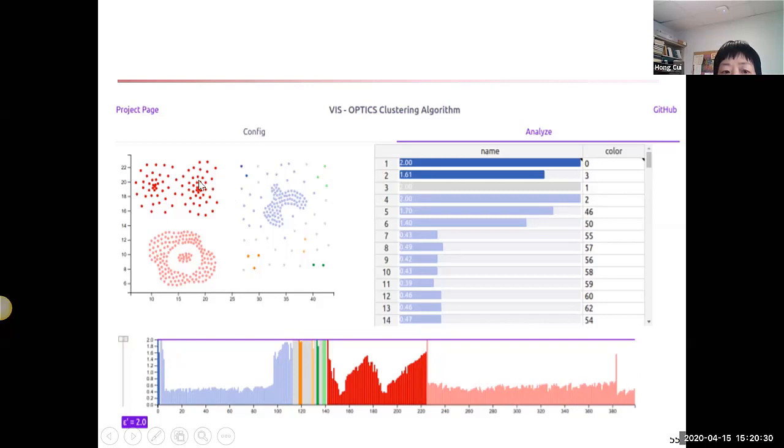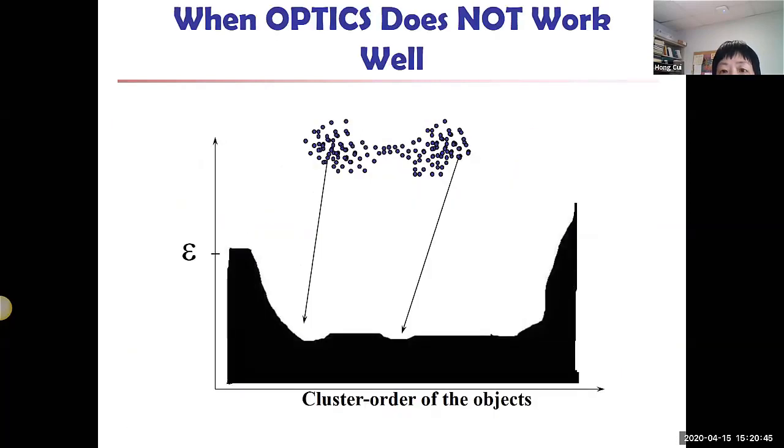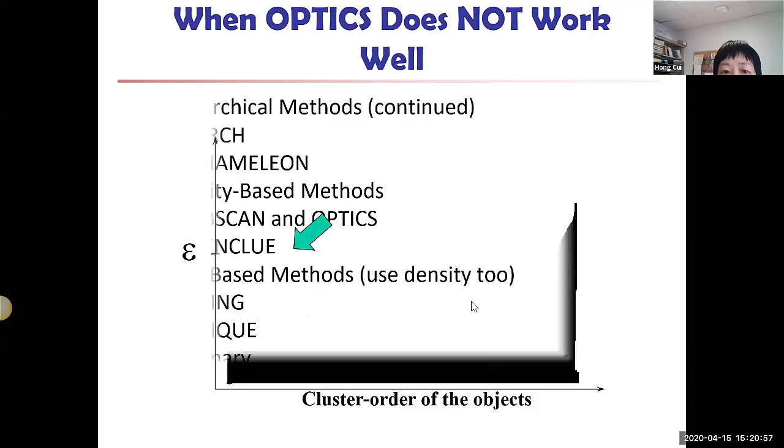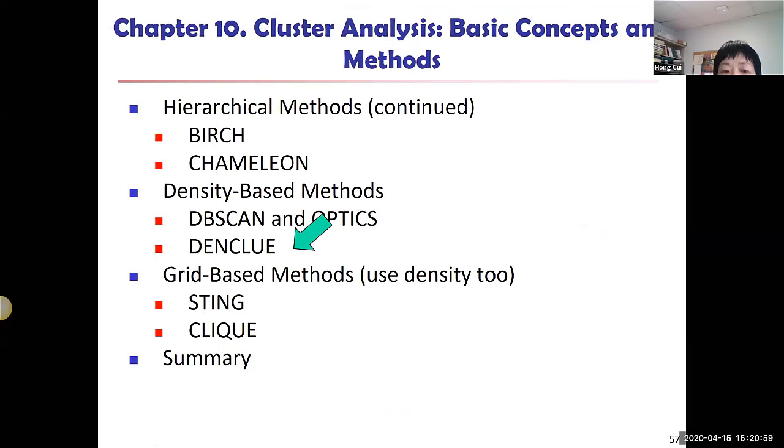We have two red clusters, the valley, lots of noise here, and a cluster in light blue. Sometimes the graph is not very easy to read. For example, in this case, you don't know where the clusters are. So it's not all good.